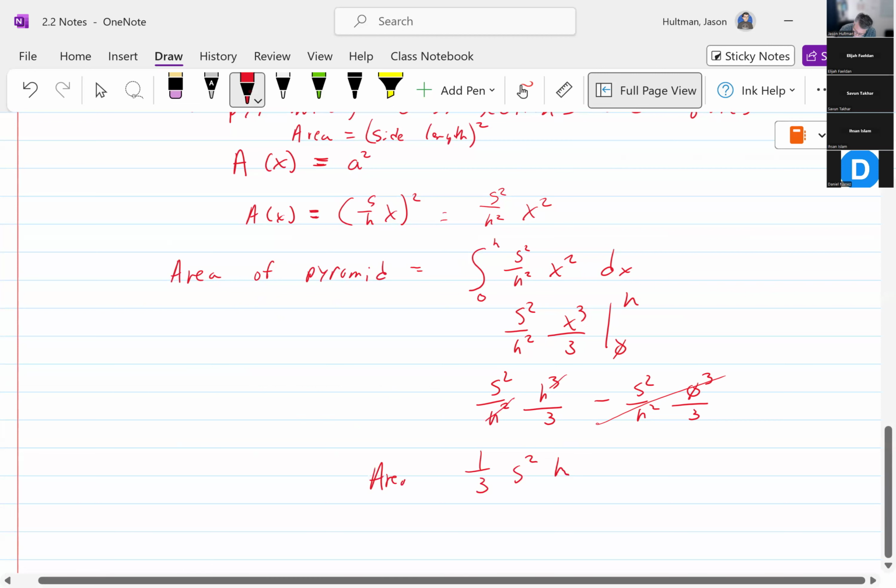Okay, and that's the area of the pyramid.